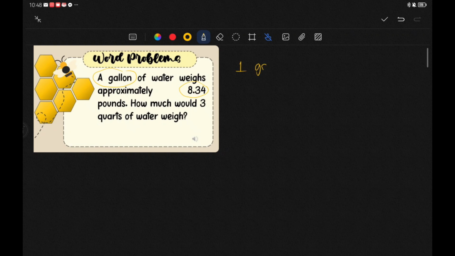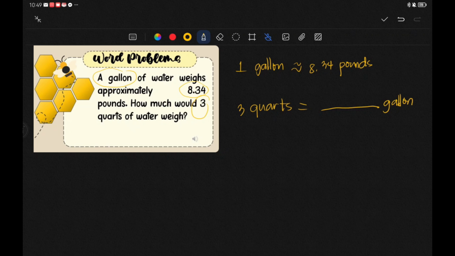So we can write that as 1 gallon is approximately 8.34 pounds. How much would 3 quarts of water weigh? So we are going to convert 3 quarts to gallon. So we can have its approximation to pounds.